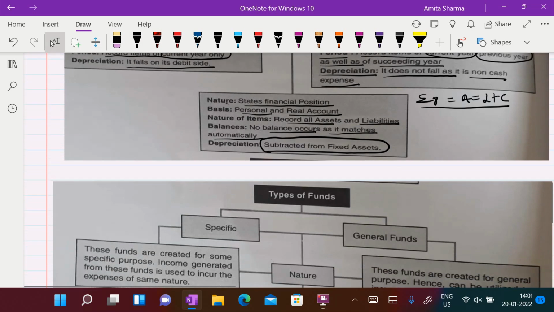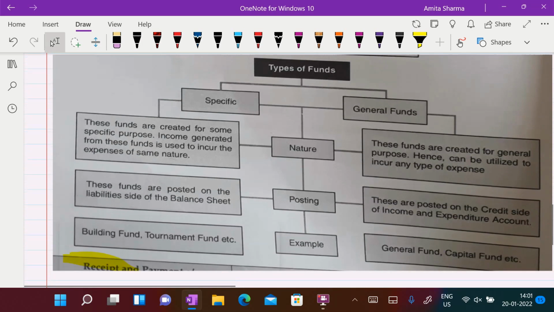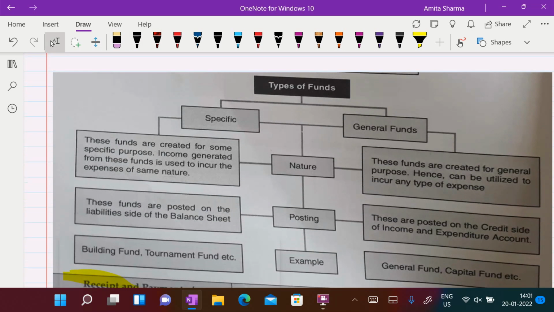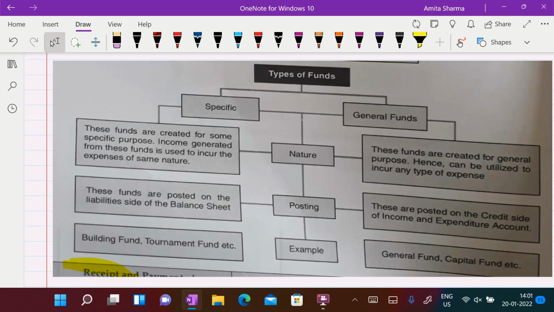Now students, next, types of funds. The types of funds which we are going to study in not for profit organization: generally two types of funds are there. One is specific, second is general. Let's talk about the specific and general fund on the basis of differences. First is nature.